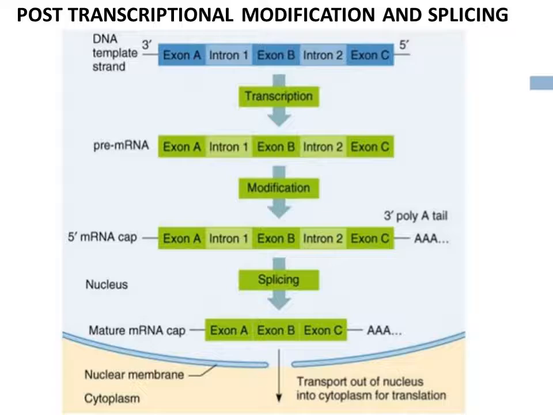In splicing, the introns, intron 1 and intron 2, are removed, and exons A, B and C are joined together. These exons are the coding regions, while introns are non-coding regions, which is why they were removed from the RNA molecule. Now the RNA molecule is mature.